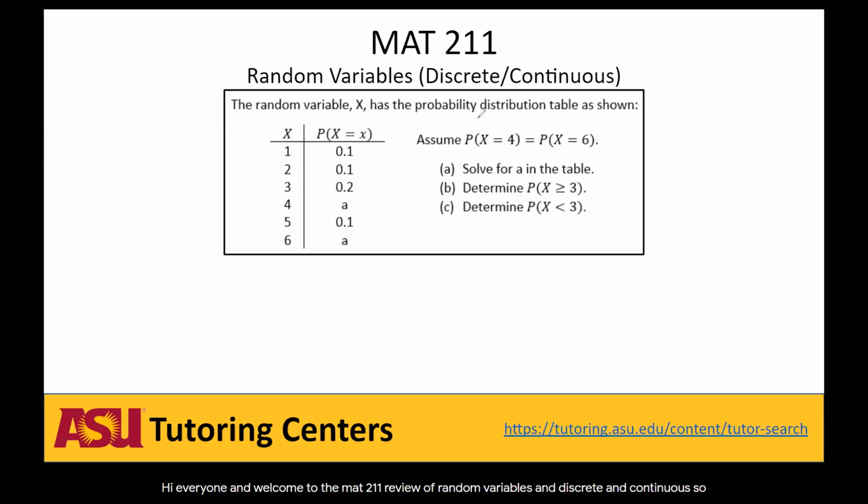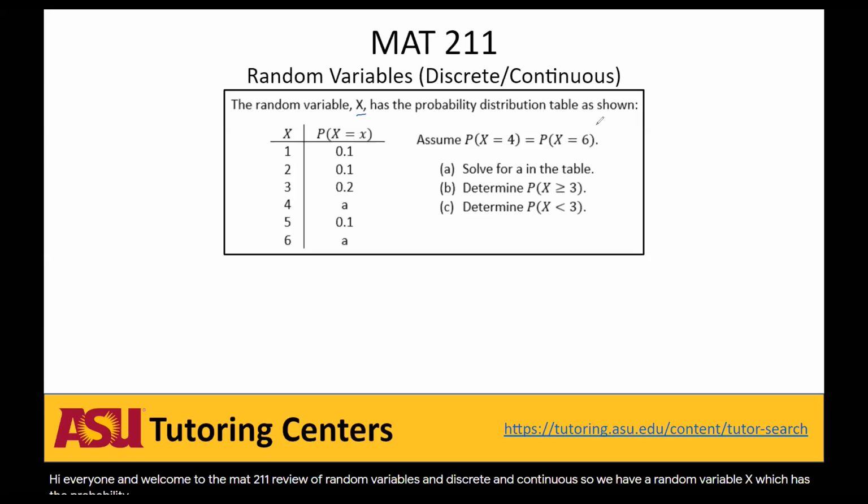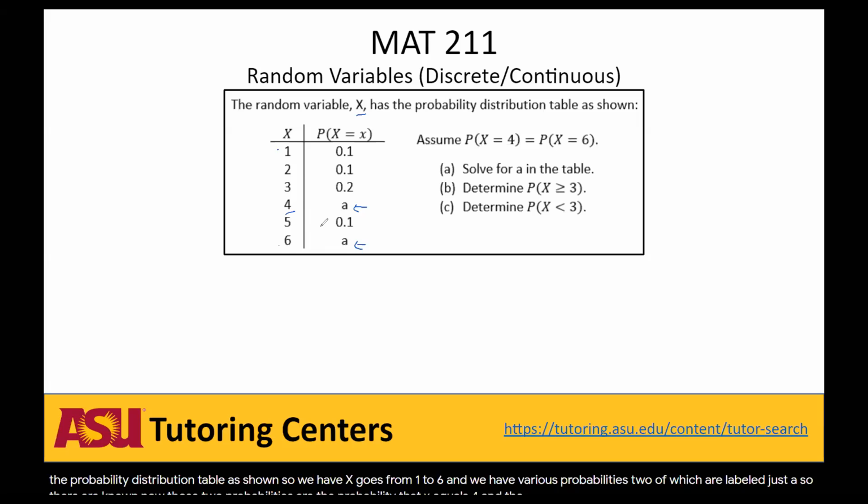So, we have a random variable x, which has the probability distribution table as shown. We have x going from 1 to 6, and various probabilities, two of which are labeled just A, so they're unknown. Those two probabilities are the probability that x equals 4 and the probability that x equals 6.